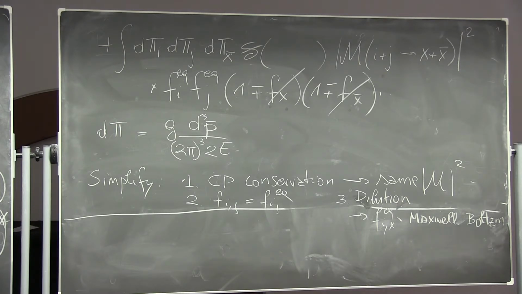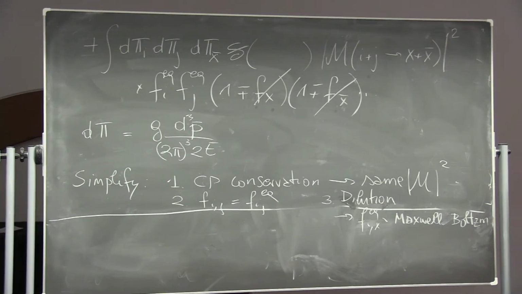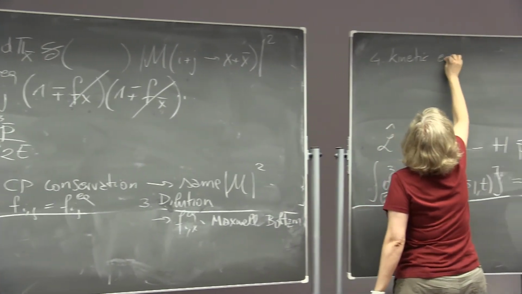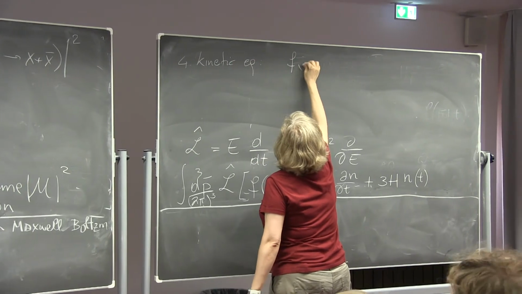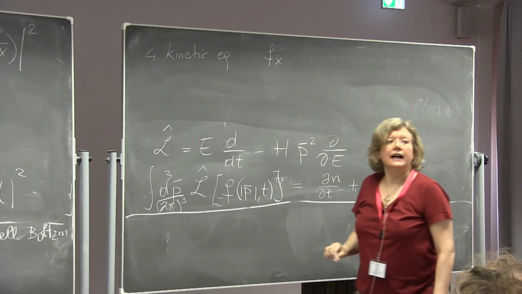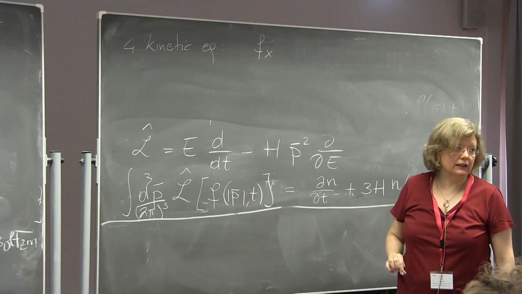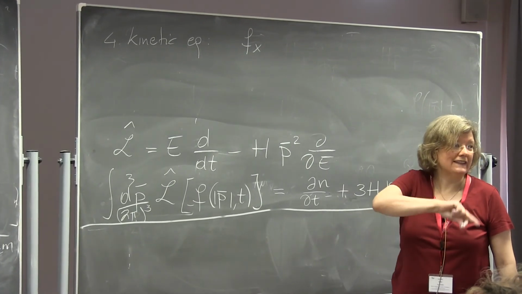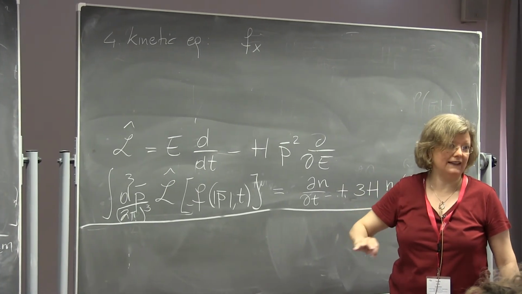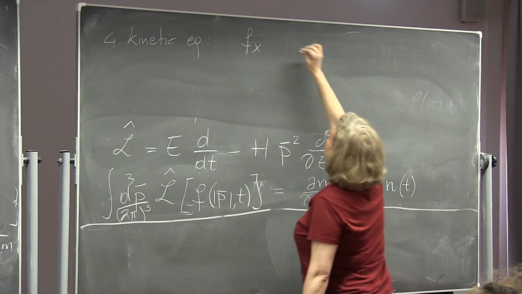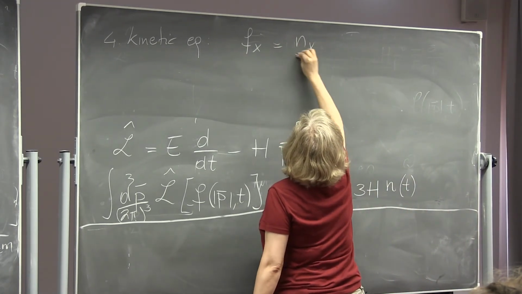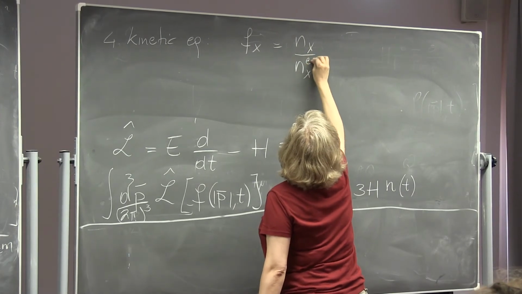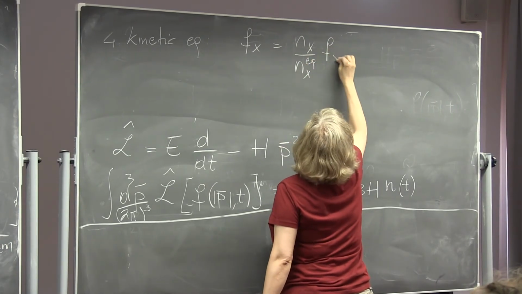That was the fourth assumption, kinetic equilibrium. This means that even if I don't know what fx is, I know that it must be proportional to the equilibrium distribution, in the sense that the shape in momentum is exactly the same. You can write it in principle, often it is written like nx over nx equilibrium times f equilibrium.